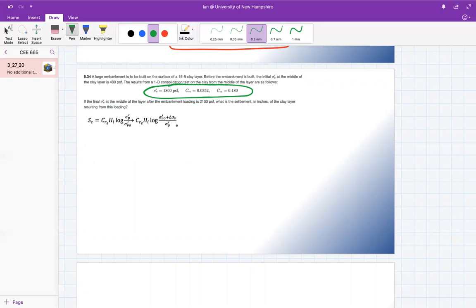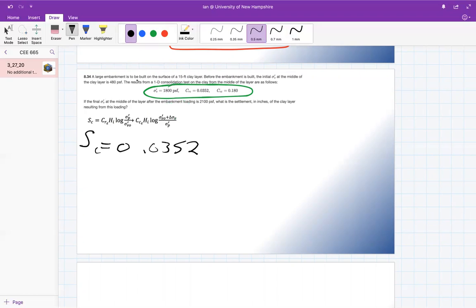So this is the equation we are going to use because it's going to be an over-consolidated clay. This is equation 8.196, I believe. So let me change colors. We're going to say SC, and we have this first term, which is just 0.0352.